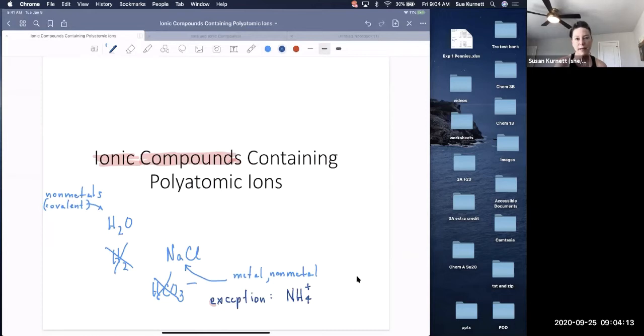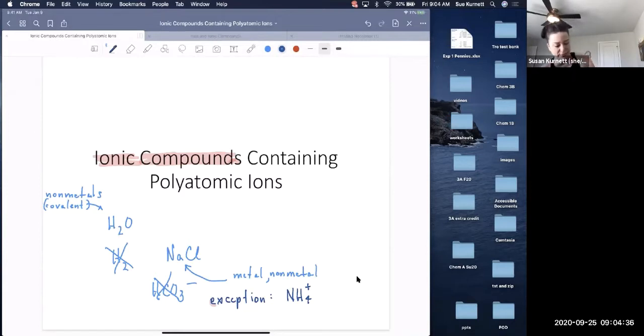Ammonium ion behaves as a group 1 metal ion. So it's a chunk of charge. It's a nitrogen and 4 hydrogens all stuck together covalently that have lost an electron and behave like an alkali metal ion, like sodium ion or potassium ion. And how it operates, for example, in water, is something we'll look at later this semester.